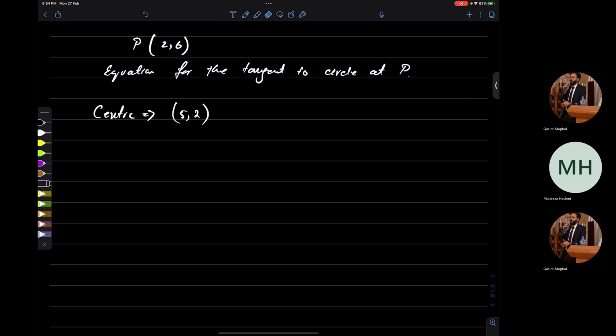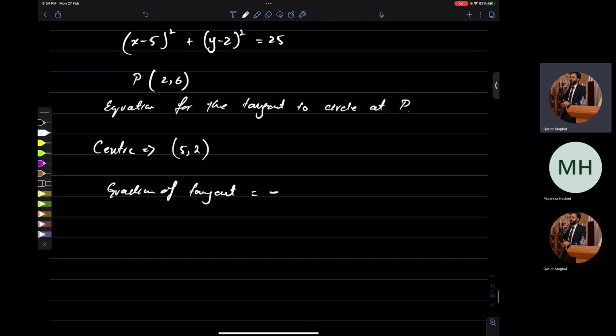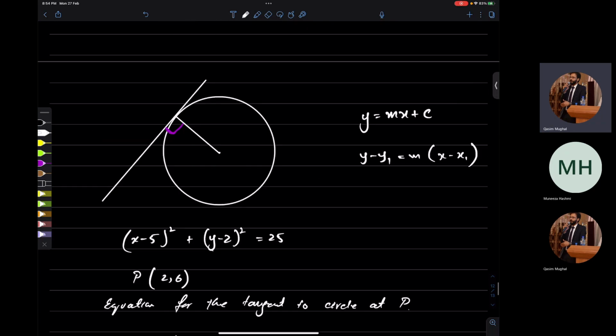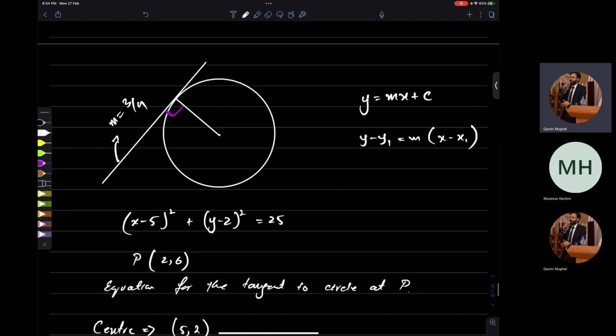So the gradient of the tangent would be negative, x2 minus x1, this is x2, this is x1, over y2 minus y1, which is 2 minus 6. That leaves us with negative 3 over negative 4, which is positive 3 over 4. So that is the value of m for this tangent. Okay?